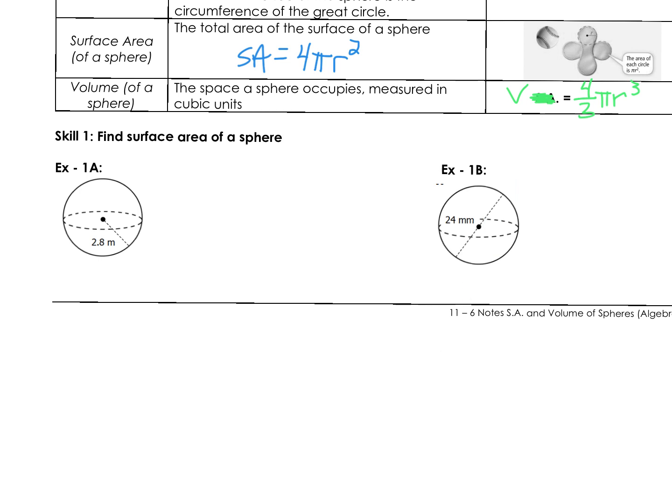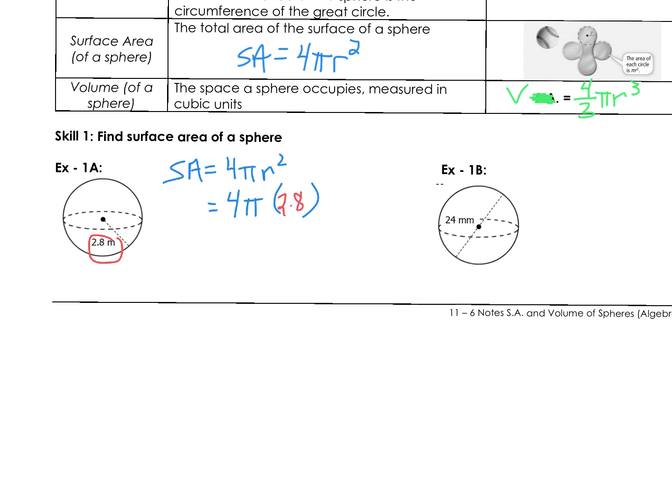So again, we're going to be formula driven. Surface area is equal to 4 pi r squared. We'll just find it in terms of pi today. I'm going to take this 2.8 and put it here.